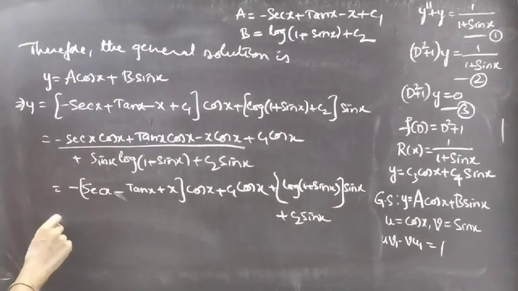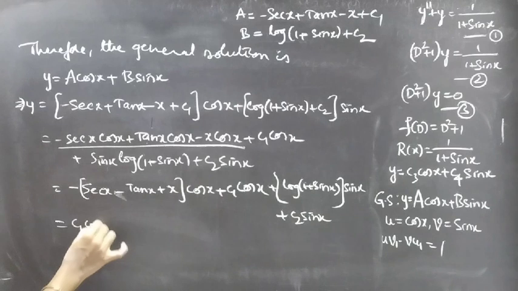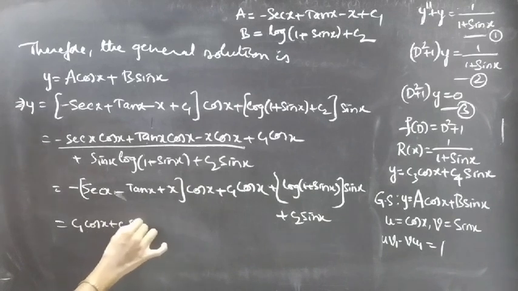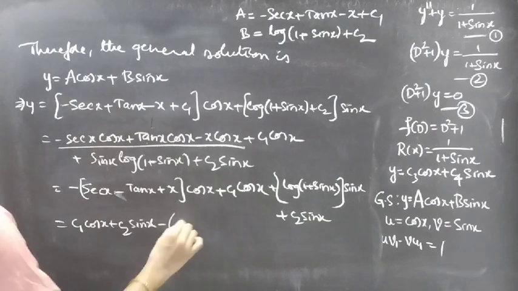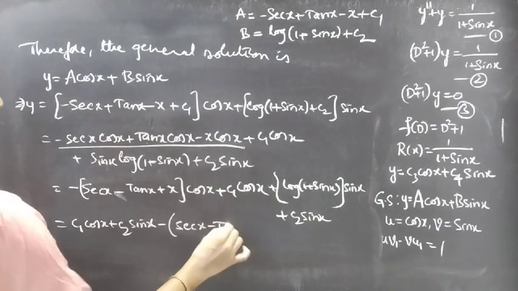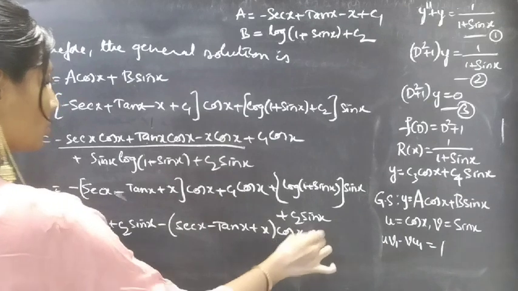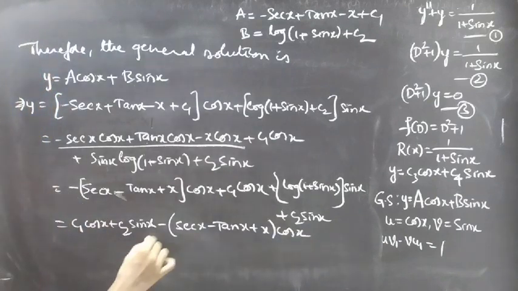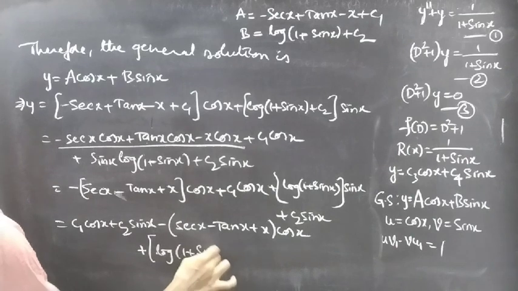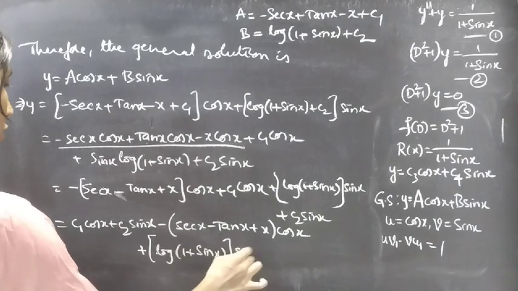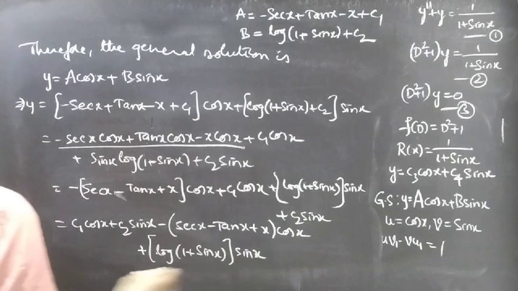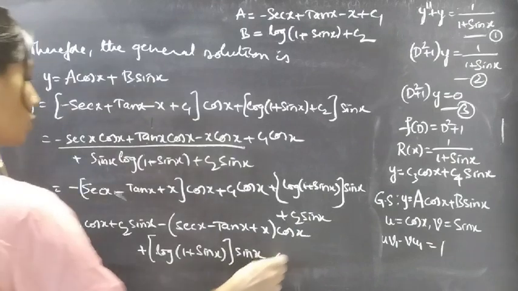Or write the terms involving c1 and c2: we'll get c1 cos x plus c2 sin x, minus of (secant x minus tan x plus x) into cos x, right? Plus log of 1 plus sin x into sin x, which is the required general solution.